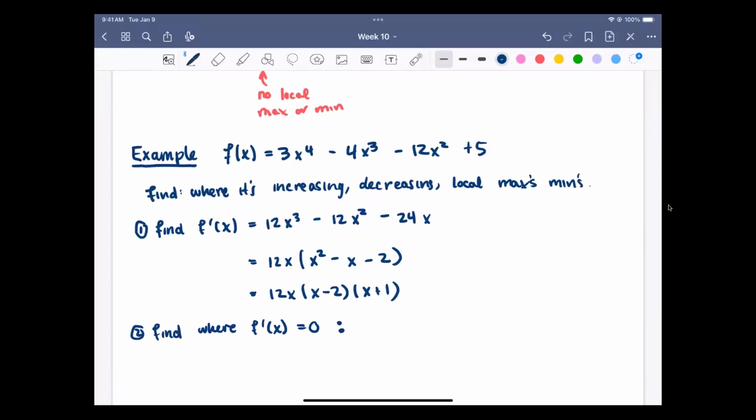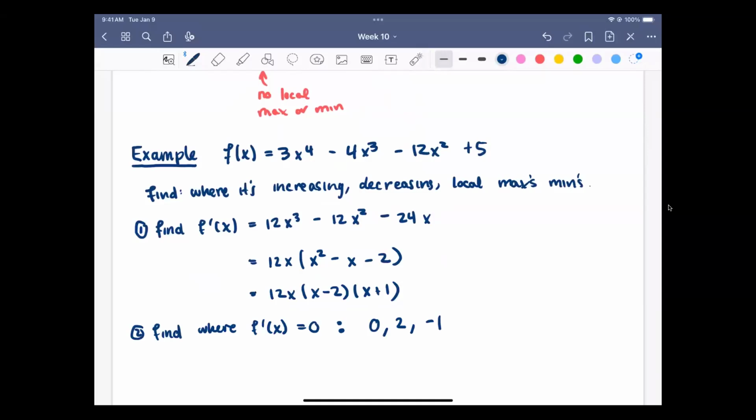And if x is minus 1, then this will be 0. So we get f prime of x is 0 at 0, 2, and minus 1. Okay, is this making sense so far?